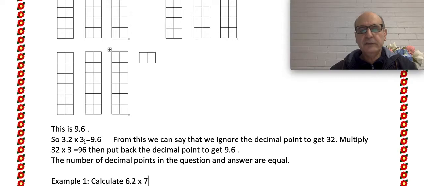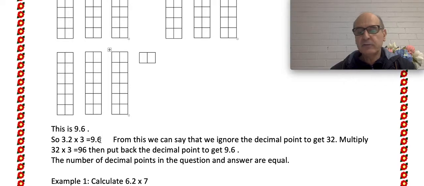So what you need to do is just ignore the decimal points, times them together, and you get the same digits you meant to be having. The only thing missing is the decimal point. Then put back the decimal point. Here, my question has only one decimal place.